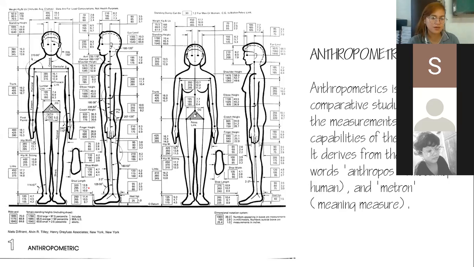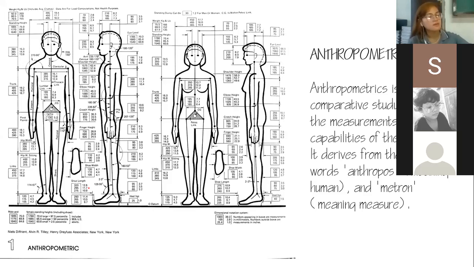If you look at the slide, there are certain measurements for each part, right? There are proportions, from the shoulder width to the trunk to the height, height of the arm, length of the arm, length of the legs, it's also considered.